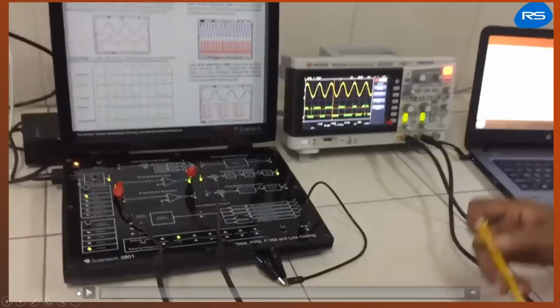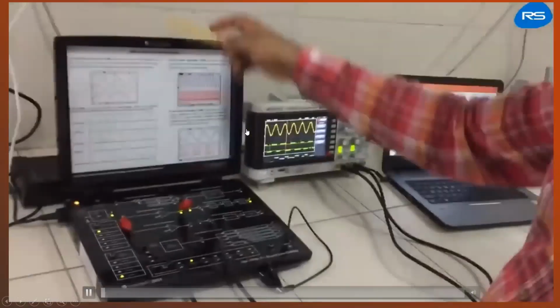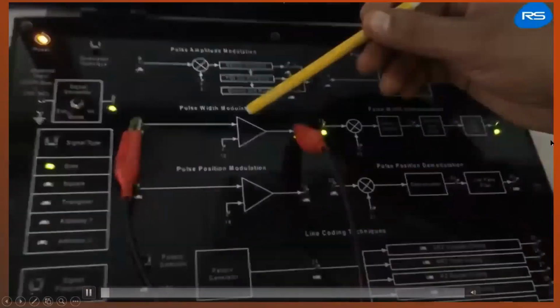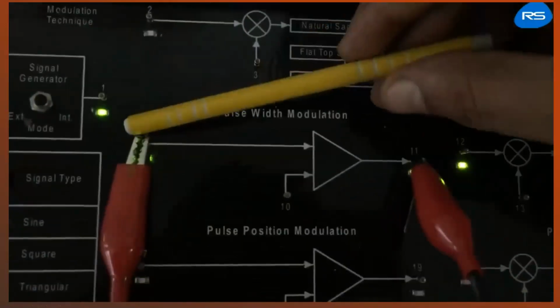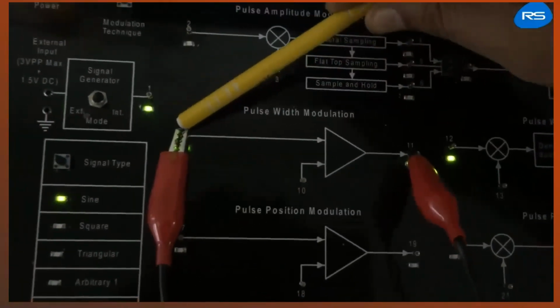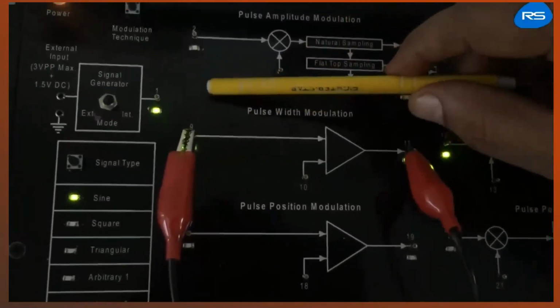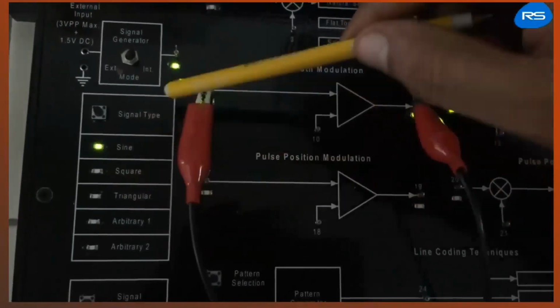So here is the trainer board for the PWM experiment. In this kit, we have a pulse width modulator block whose input is given at this terminal. The input may be taken as a sine wave, square wave, triangular wave, or any wave, but we have selected a sine wave.